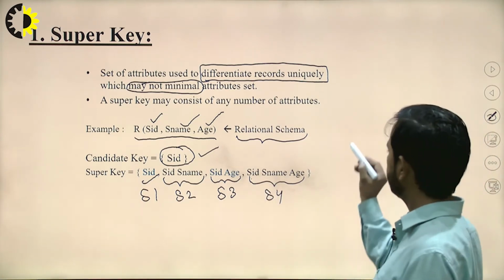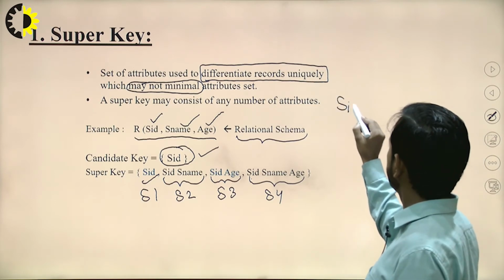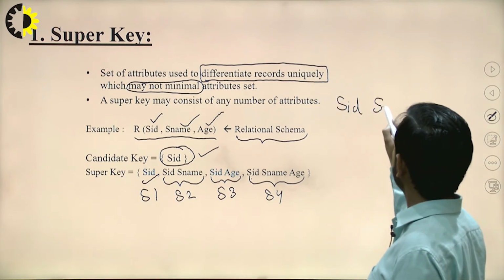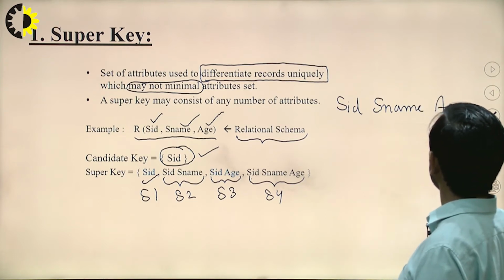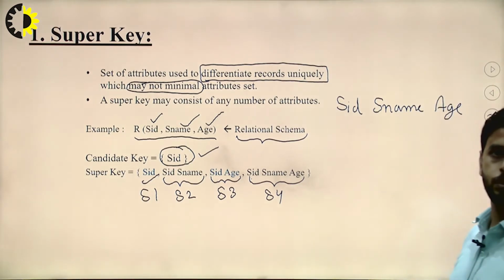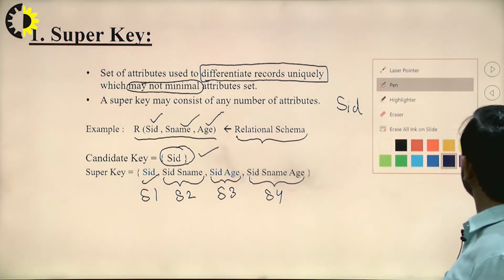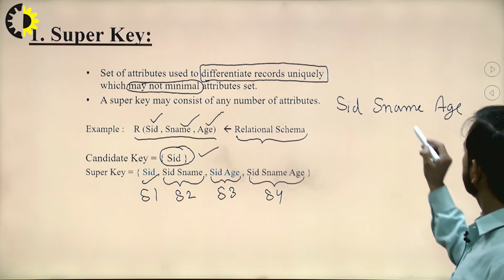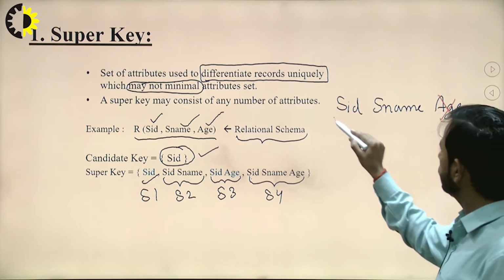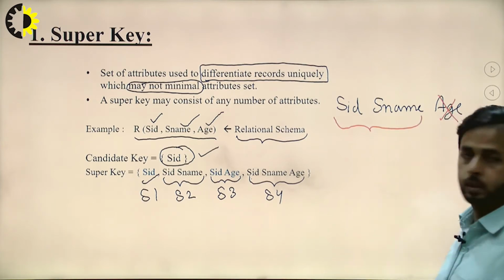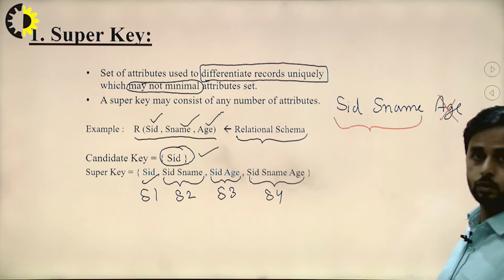Let's see the example: student ID, student name and age. These 3 attributes combined are known as a super key. But if I remove age, still student ID and student name uniquely identify all the records, but this is also not minimal.